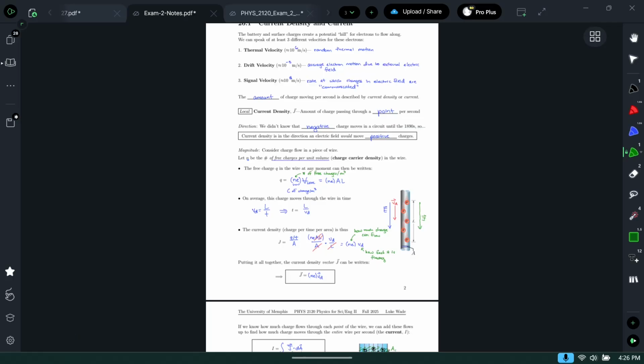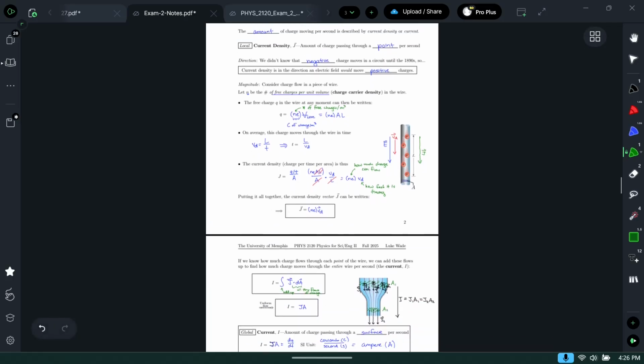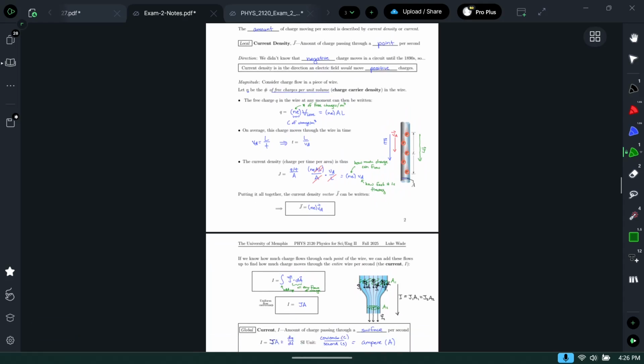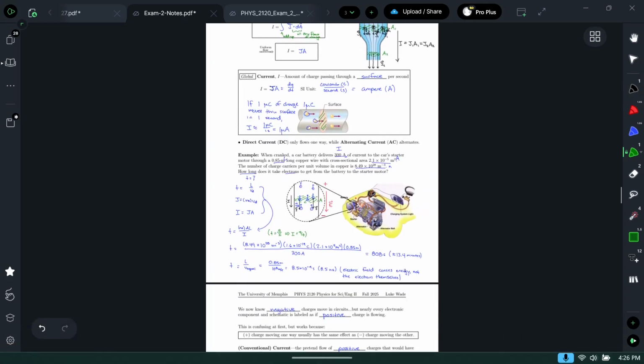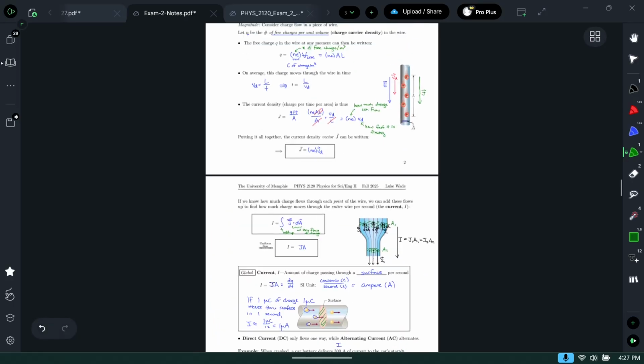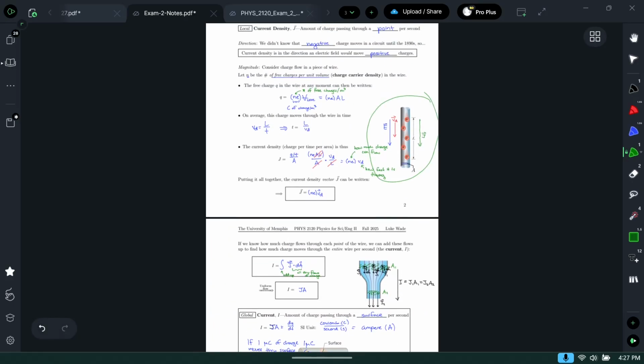So the main thing I typically ask about for this section is I might have you do a calculation similar to this one. How long did it take for the charge to move through a certain length of wire? And conceptually, it's things about the directions that charges are moving in wires.